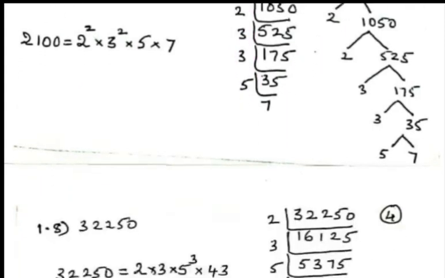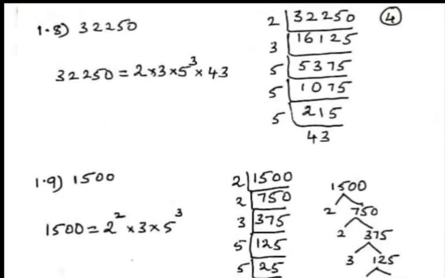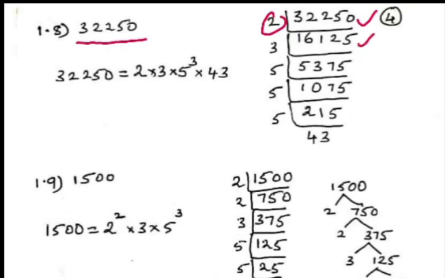Now we consider another problem. 32,250. 32,250 is divided by 2, we get 16,125. Again 16,125 is divided by 3, we get 5,375.